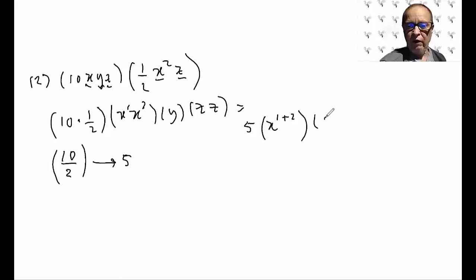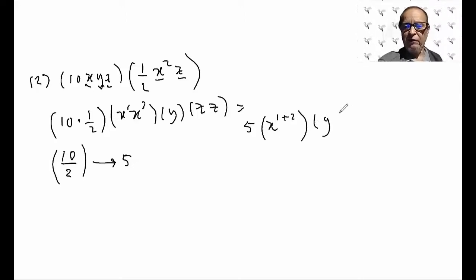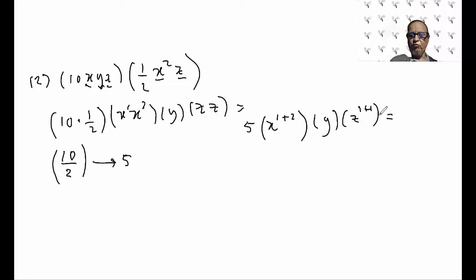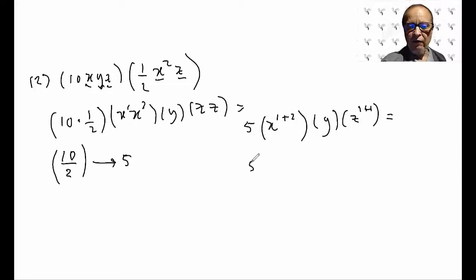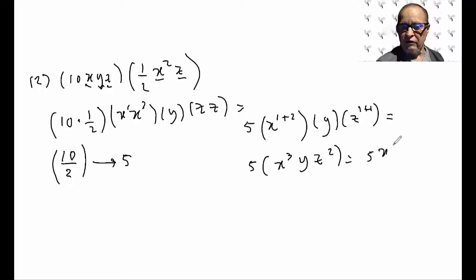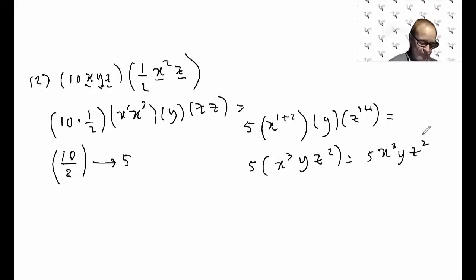And then y, don't have to worry about it. And then the two z's are each to 1 power, so it's 1 plus 1 using our product rule. And now I have 5 x to the third, y, z to the 2, and I'll just write 5 x cubed y z squared.